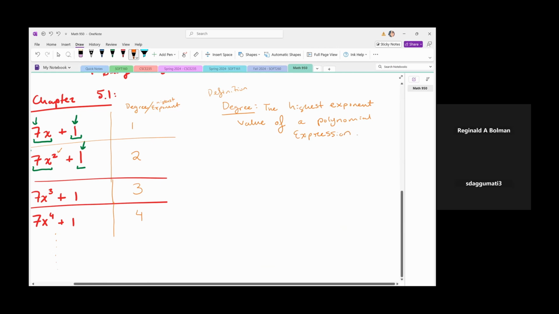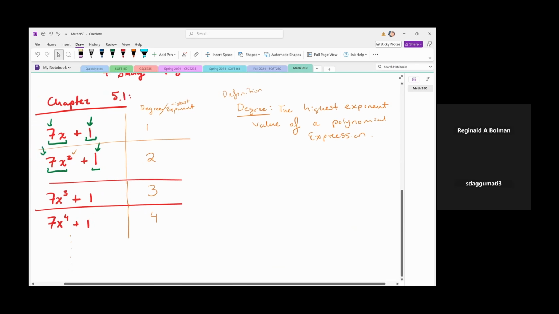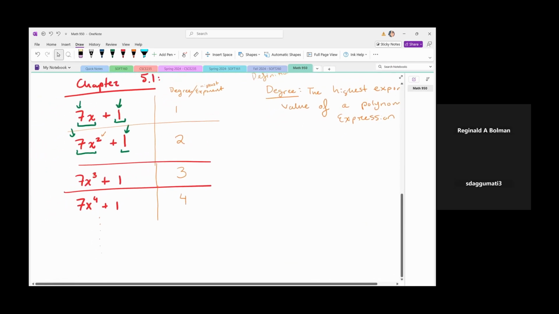Okay, and we would say that the degree is one thing that we can look at and tell from a polynomial expression right away that will indeed determine that the behavior of a specific polynomial expression will be radically different.